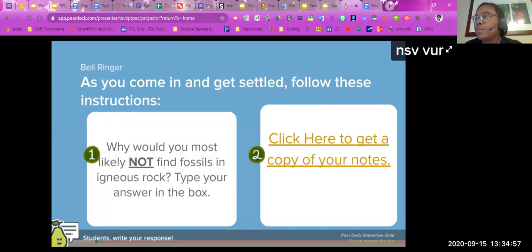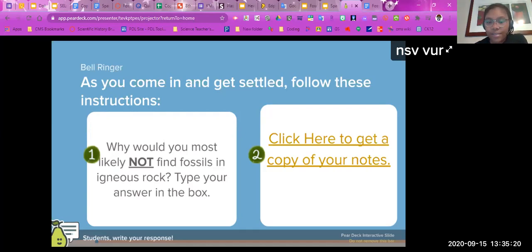So our question is, why would you most likely not find fossils in igneous rock? So some of the stuff we said, the skeleton could melt and not hold its shape. You would most likely not find fossils in igneous rock because they are formed through cooling and hardening of magma, and the fossils would most likely melt before the rock hardens.